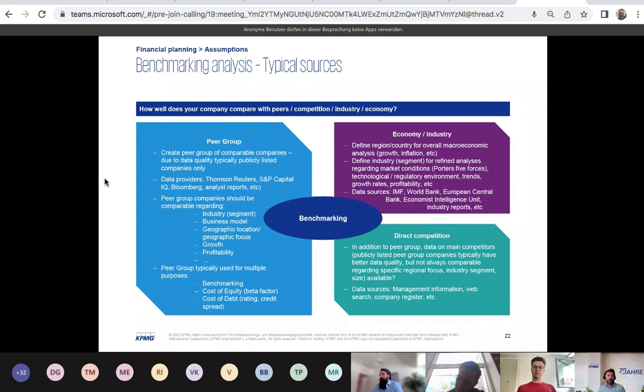So the peer group is really quite important in valuation, because you will do your benchmarking and your cost of capital derivation based on that. So it should really be a set of suitable companies with quite similar business models. But we also know that for some companies it might be difficult to retrieve a good peer group.